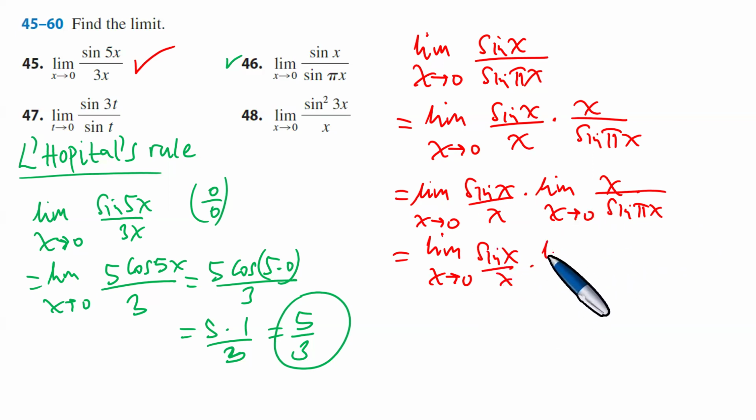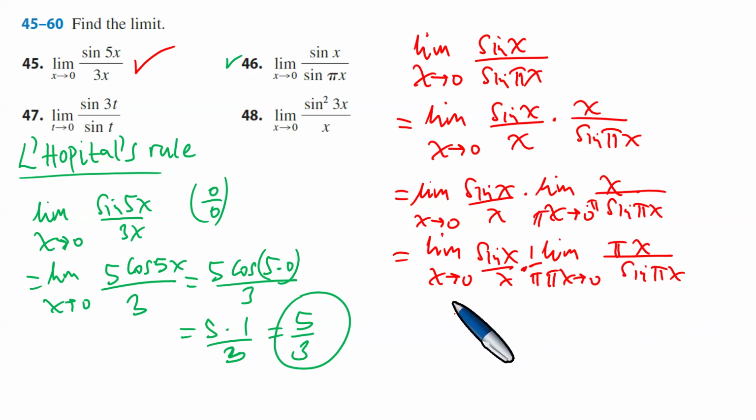Now we come to this one, which is the limit as pi x approaches 0 of pi x over the sine of pi x. But you would be interested in introducing 1 over pi here, because this pi and this pi cancel out. Also, as x approaches 0, we can multiply this side by pi, and also multiply this 0 by pi.